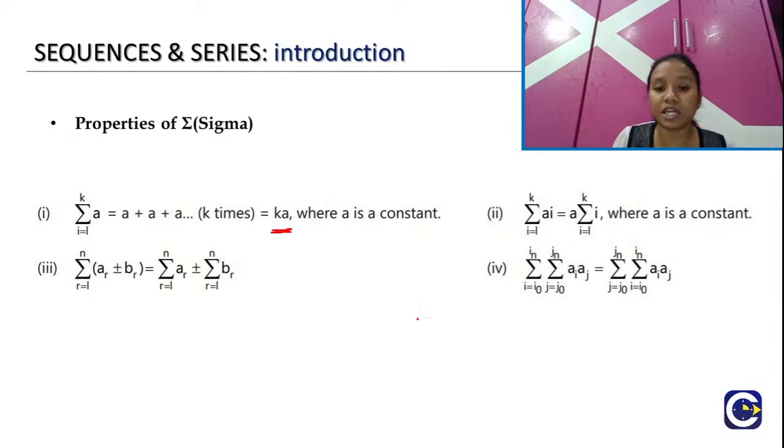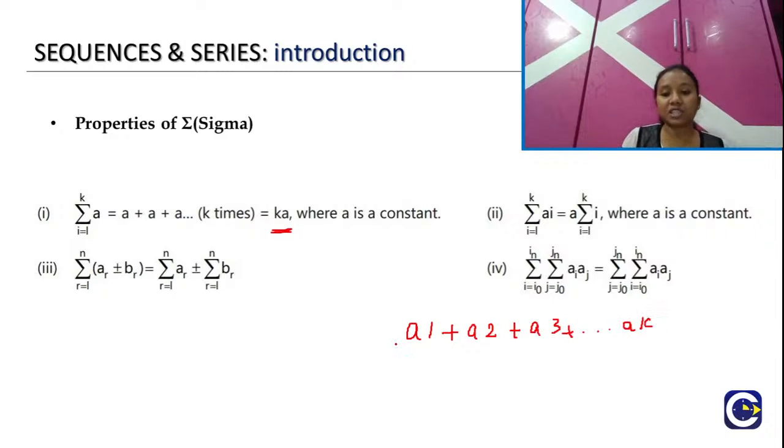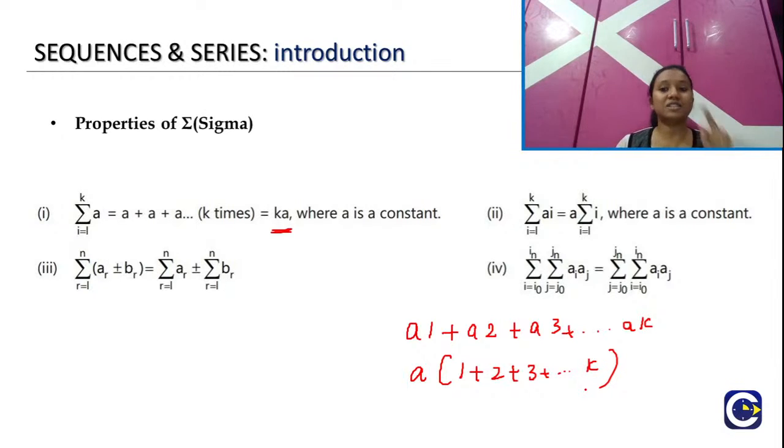If we expand it, what will it become? A into 1 plus A into 2 plus A into 3 and so on, up to A into k. That means amongst this entire series A is anyways common, so we can take A common and this will become 1 plus 2 plus 3 and so on up to k.